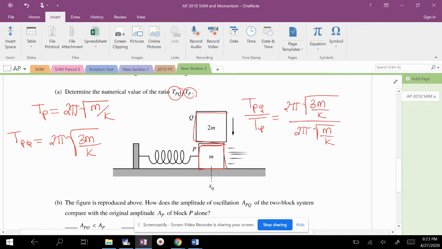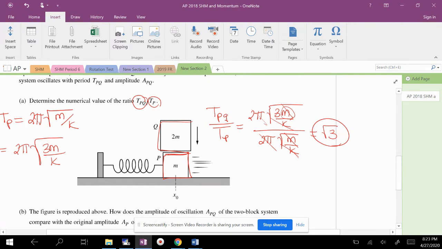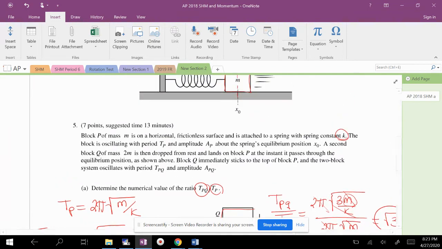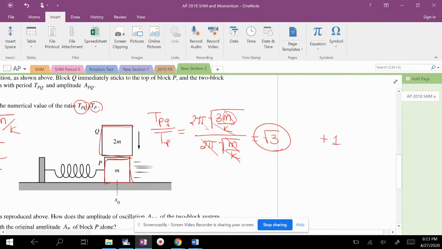I'm going to cancel some things out: my 2 pi's, my root k in the denominator, and this root m also cancels. So what am I left with? Root 3. On the test, this is a 7-point question, and part A was worth just 1 point.